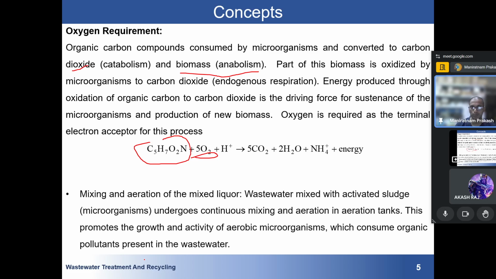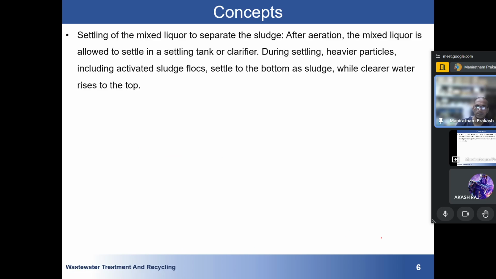We don't want anaerobic condition, because in an anaerobic condition there will be too much smell, some foul gas will be released and all these things. So we don't want that.